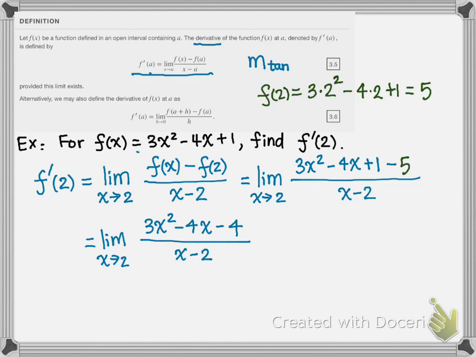If you don't remember the factoring technique, you might need to go back to chapter 1 to refresh, or just Google some factoring video. Now, one easy way to be able to factor this is to use the quadratic formula.